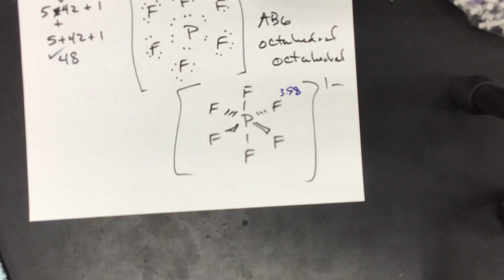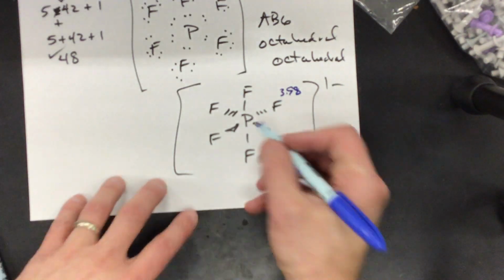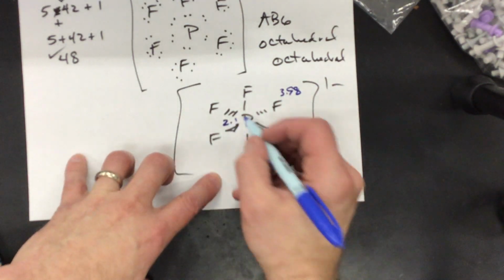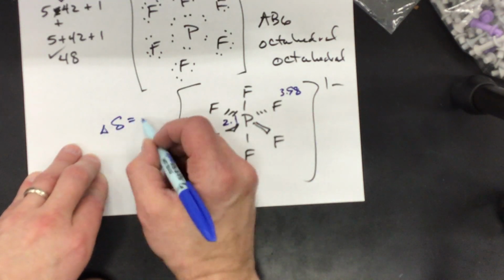Let's see. Oh, wait a minute, phosphorus. I can see if I can find it here in a different book. Phosphorus is 2.1, fine, 2.1. So we look at the difference, and we call that 1.88. So the difference in electronegativity is 1.88.